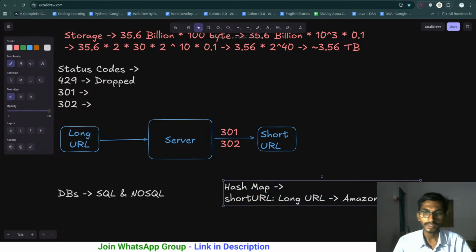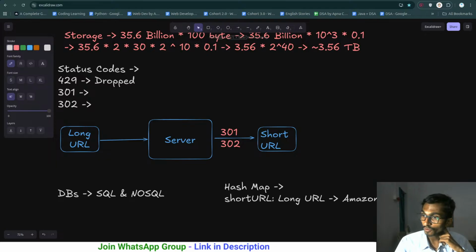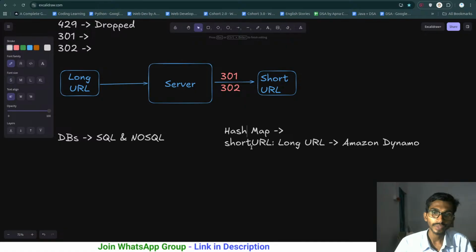This comes under NoSQL, right? A hash map DB has no structure, so NoSQL, because it doesn't have any table. So yeah, that makes sense. You can use this particular service as well.